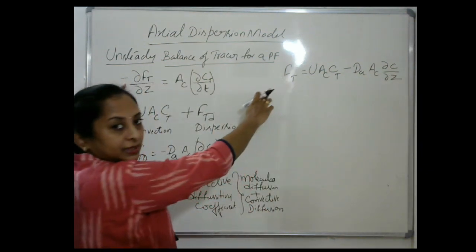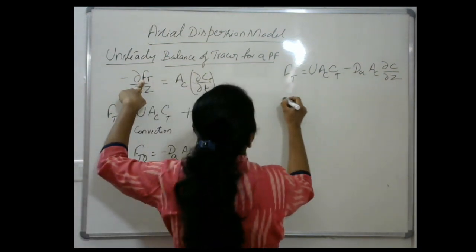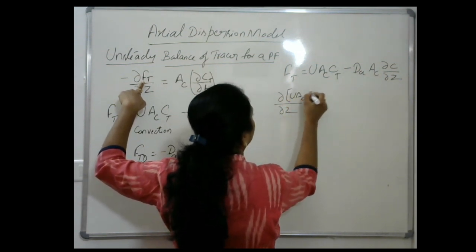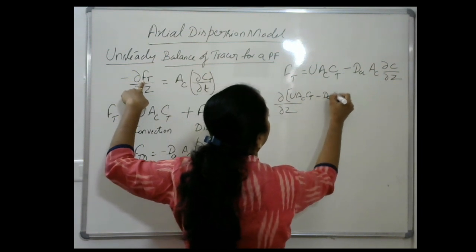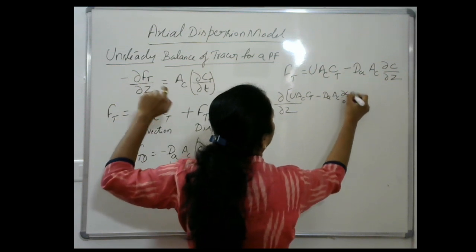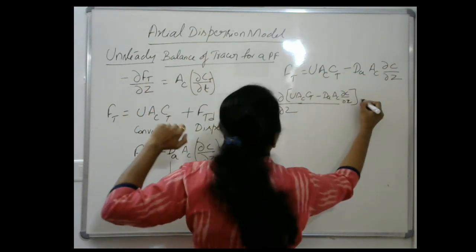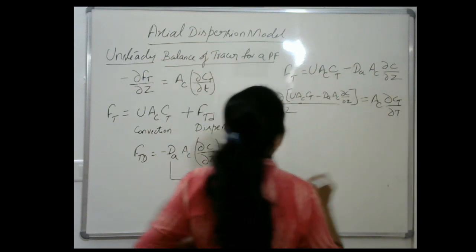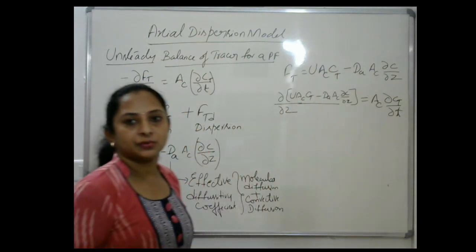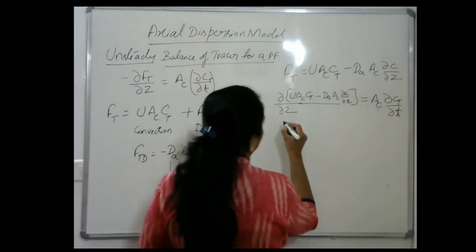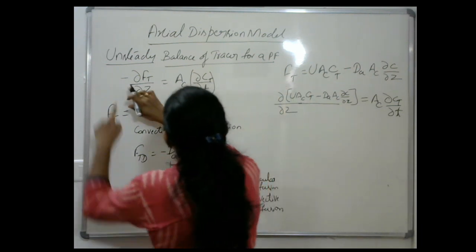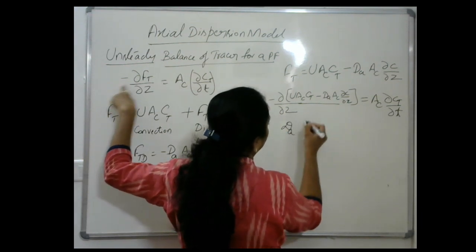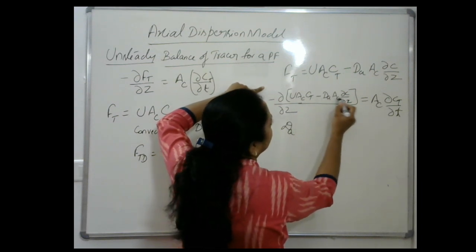Now I'll substitute this FT in this equation. So this will now be dou of dou Z into U AC CT minus dA AC dou C by dou Z, equal to AC into dou CT by dou t. Now the equation will be, AC everywhere I'll cancel.